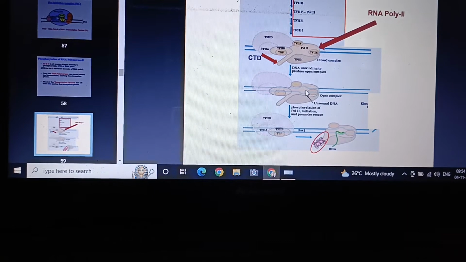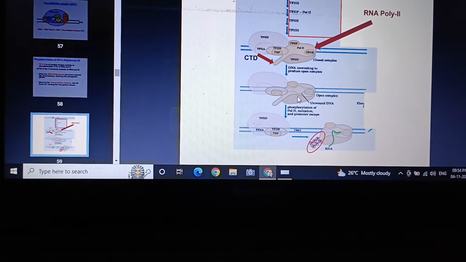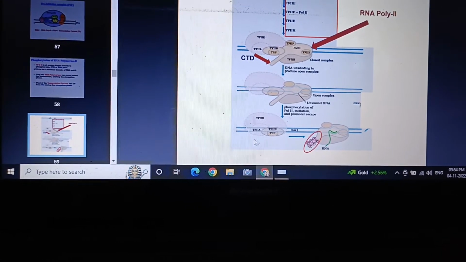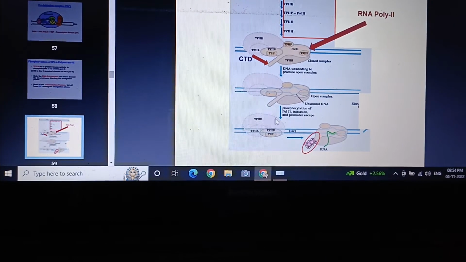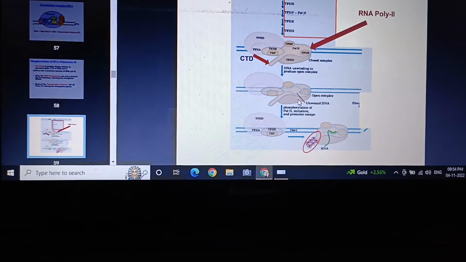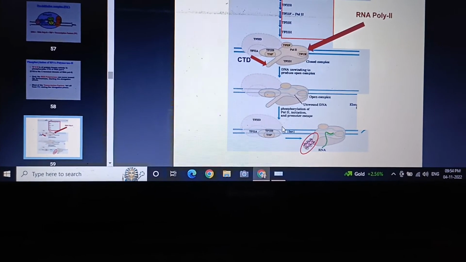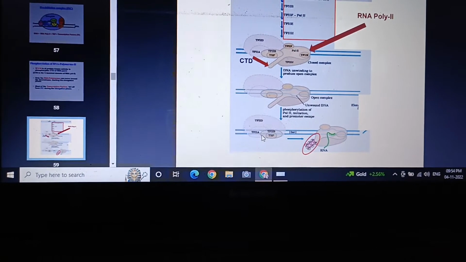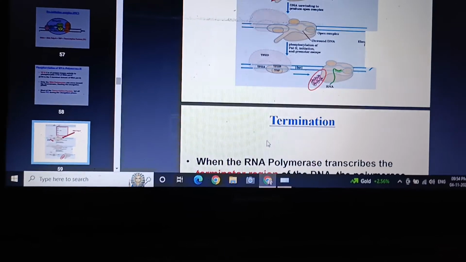The double strand will unwind and open up. Altogether, this is your transcription factor. Initiation takes place and elongation moves on. Automatically the transcription factor moves away from your RNA polymerase. After that, the elongation will automatically start.